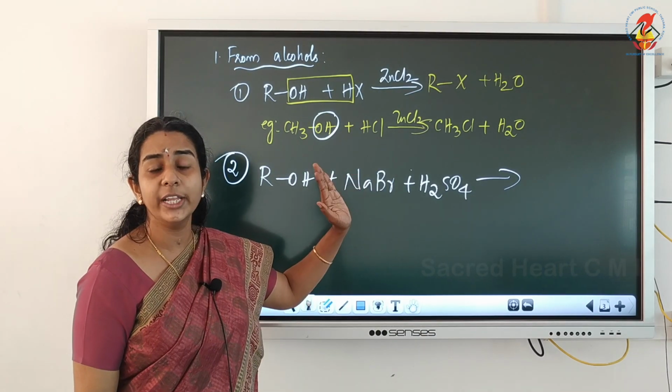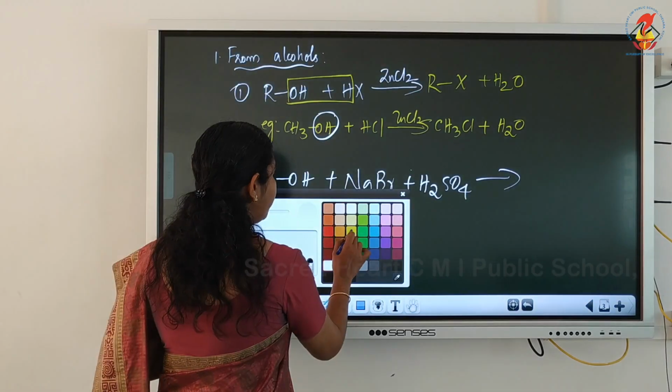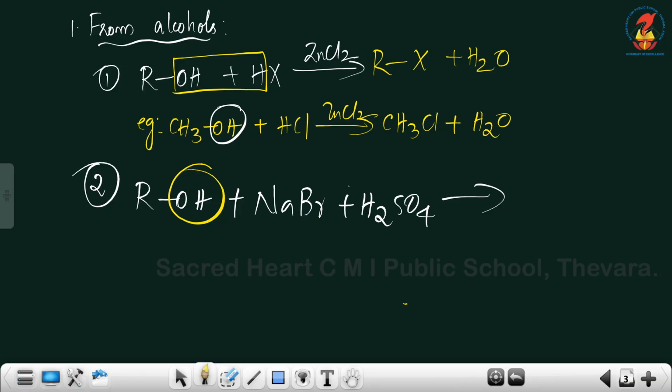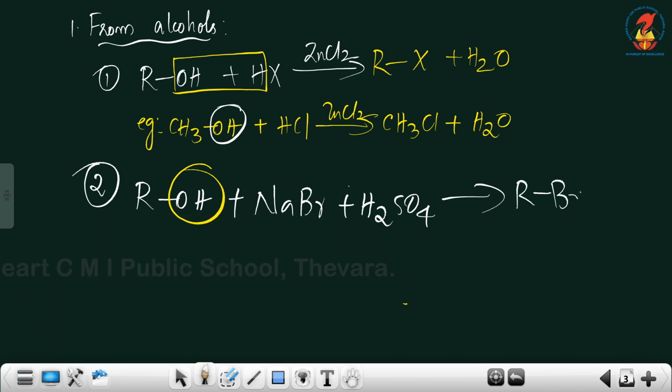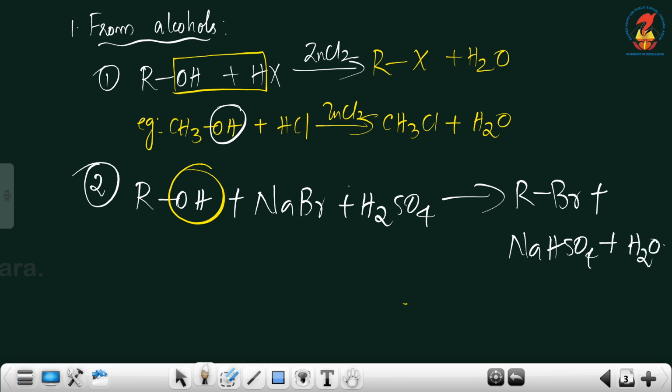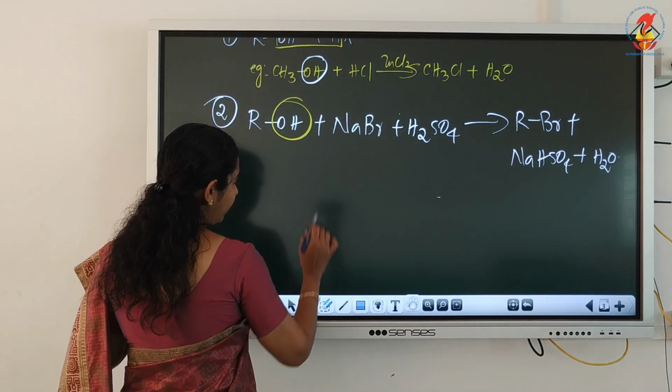Specifically, we have to use only sodium bromide and sulfuric acid. Here OH will be replaced by the halogen present here, bromine. So the product will be RBr plus NaHSO4 plus H2O.